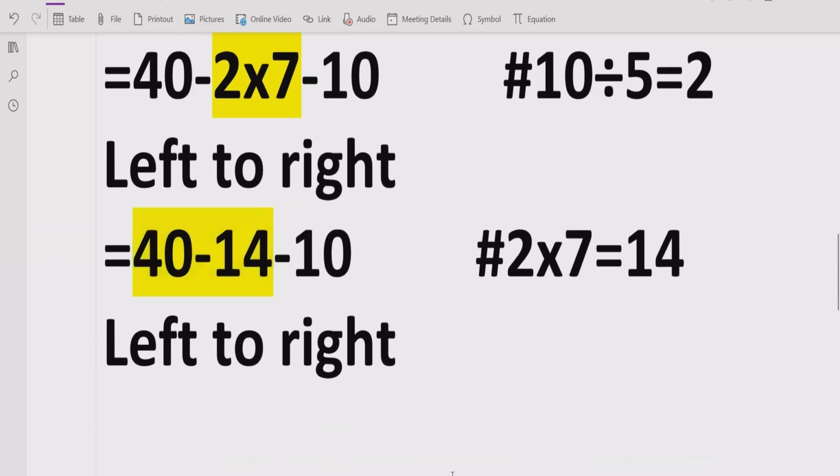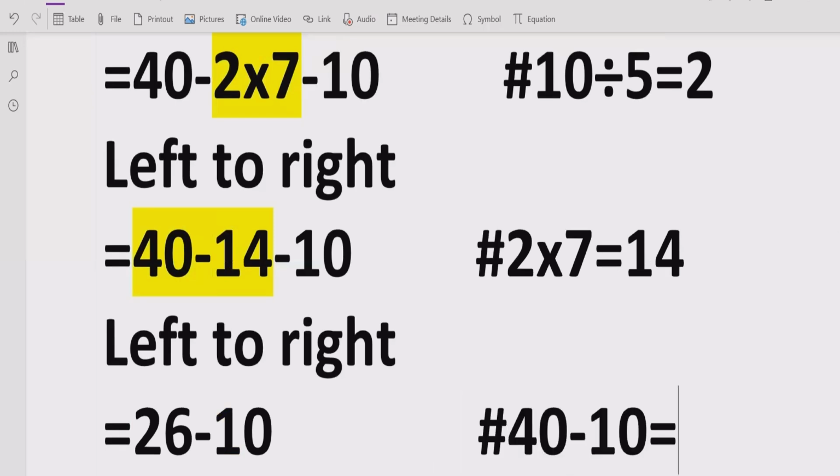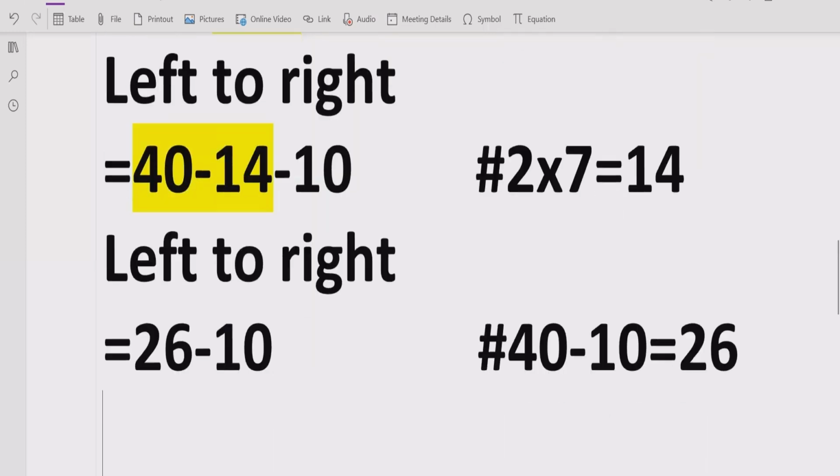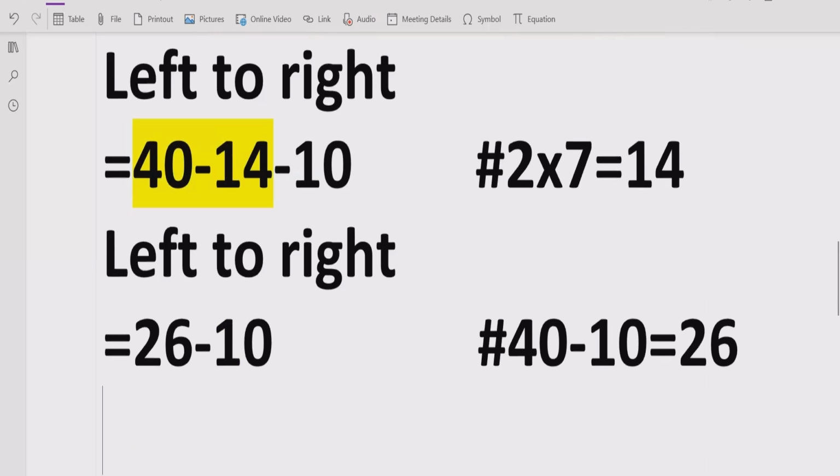So what we will do here, 40 minus 14, which equals 26, minus 10. We will write minus 10. And here I will give the reference: 40 minus 14 equals 26. Now move forward, we have two terms here which are subtracting each other.